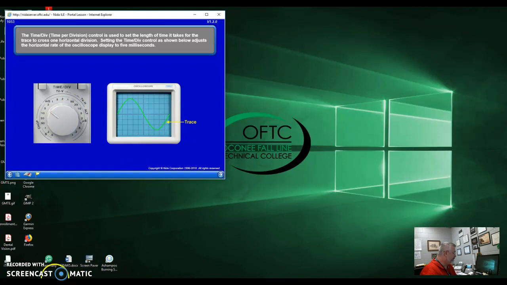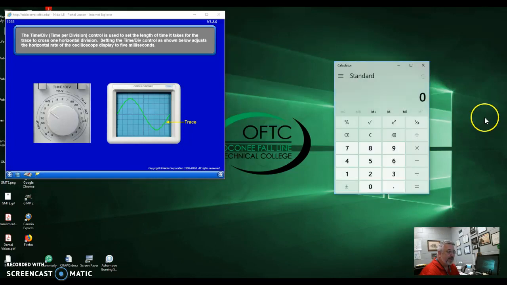And all we'd have to do is calculate it. So let's bring up my handy dandy calculator. Calculator, we'll bring it in. So we did 5 times 10, which was 50 milliseconds. And remember, milli means 1/1000, so we have to divide 50 by 1,000.